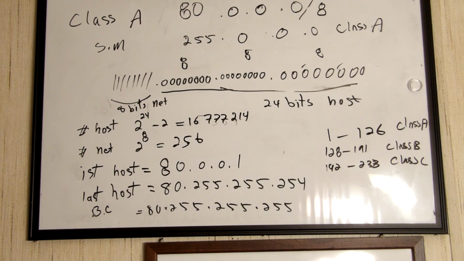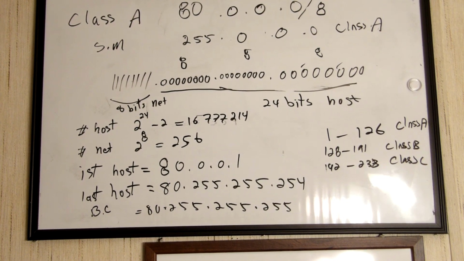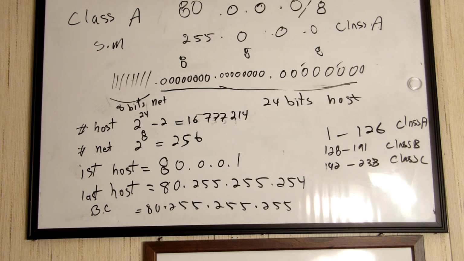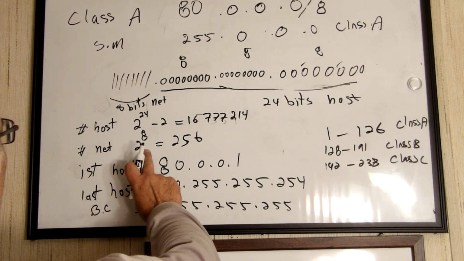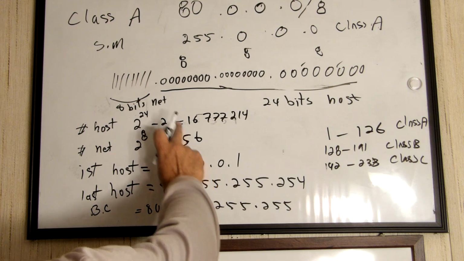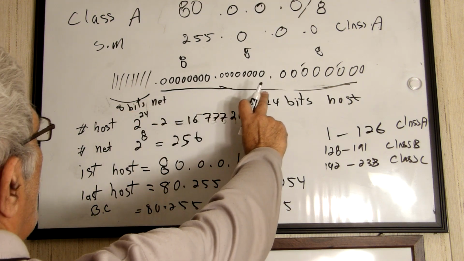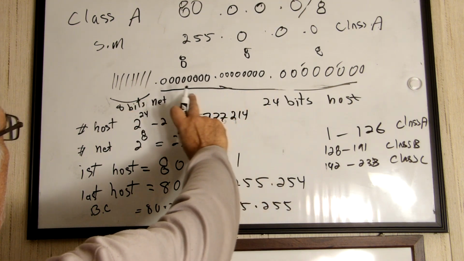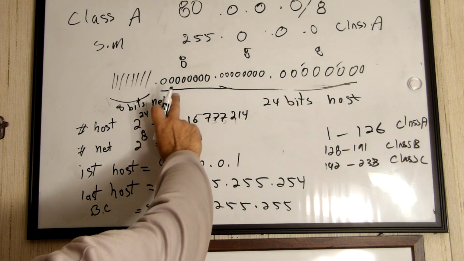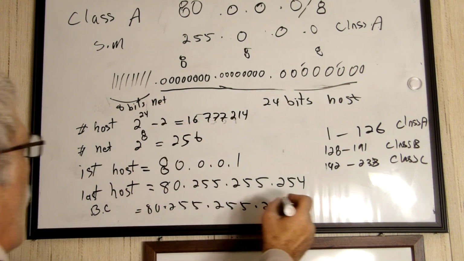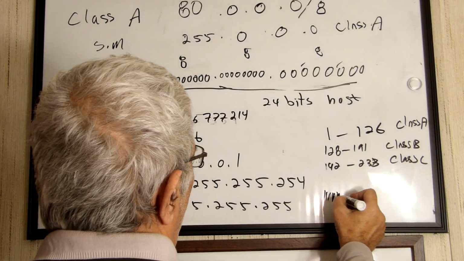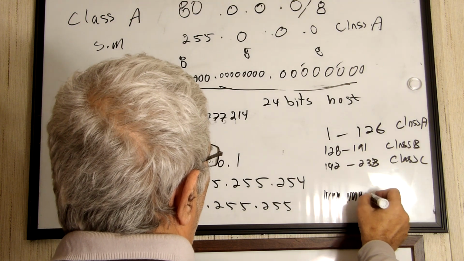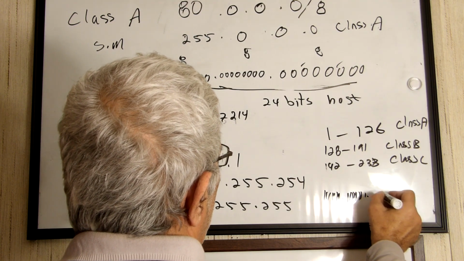The number of networks is less, and as you go to class B, and C, the number of hosts decreases. This was 0, 0, 0.